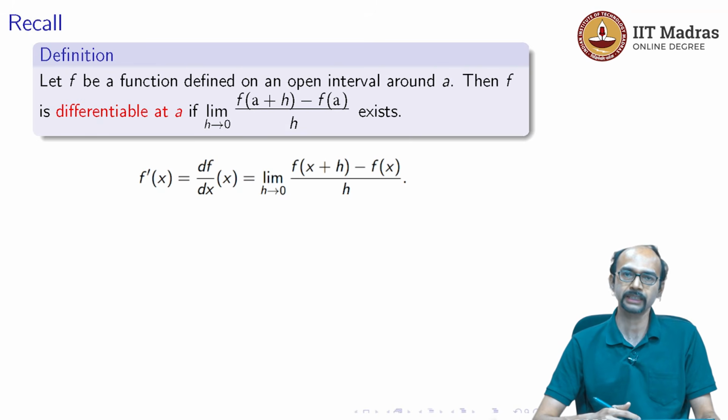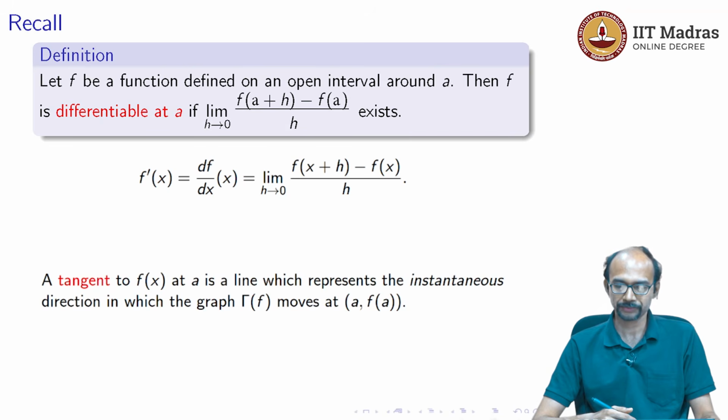For each x, if we do this we will get a function that is called the derivative function. It is denoted either by f prime or df dx. Each notation has its advantage, by the way, and it is a classic fact that one of these is due to Newton and the other is due to Leibniz, and one made life easier as compared to the other.